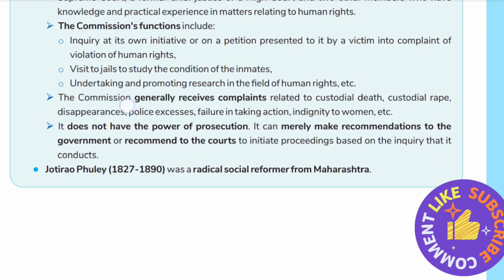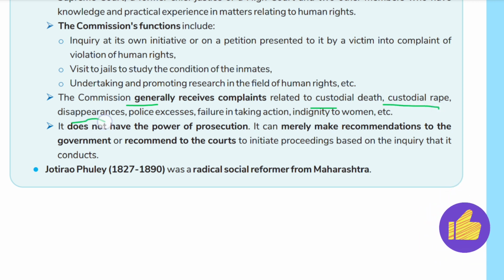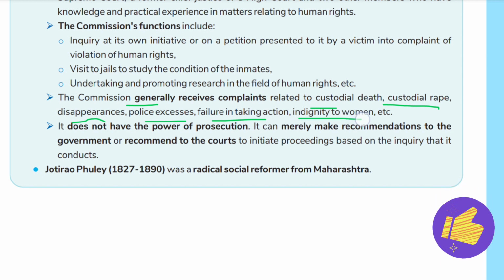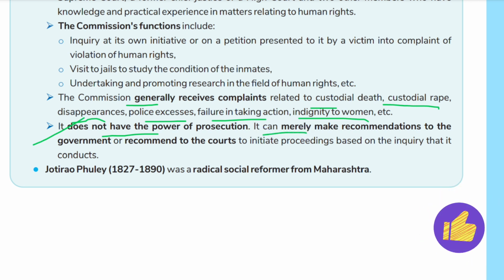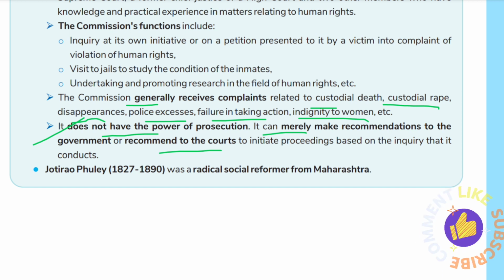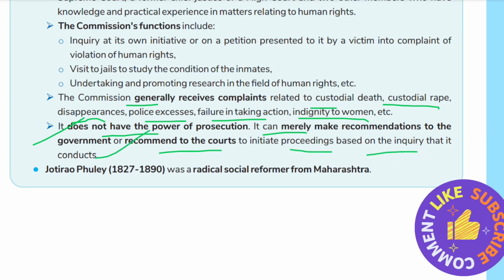The Commission generally receives complaints related to custodial death, custodial rape, disappearances, police excesses, failure in taking action, indignity to women, etc. But it does not have the power of prosecution. It can merely make recommendations to the government or recommend to the courts to initiate proceedings based on the inquiry that it conducts.